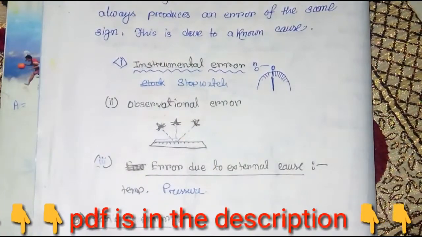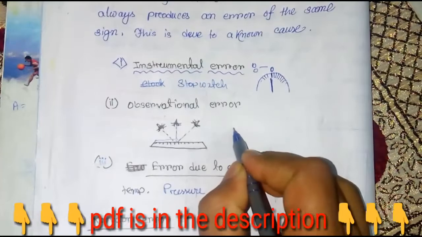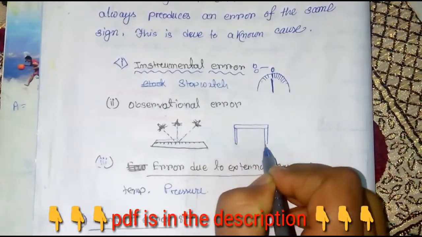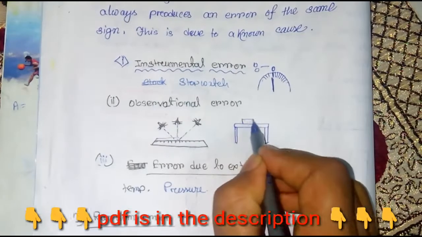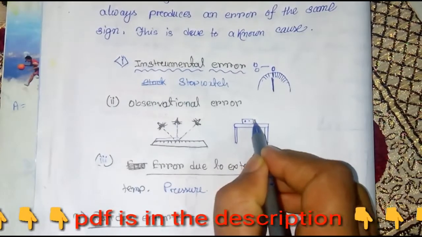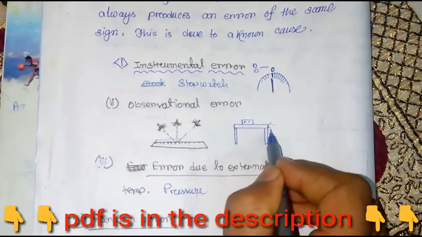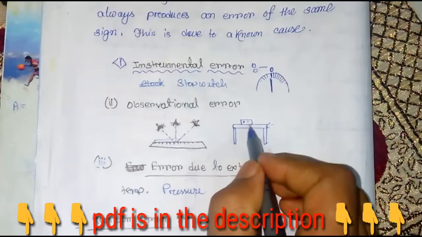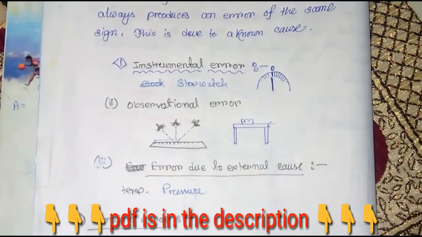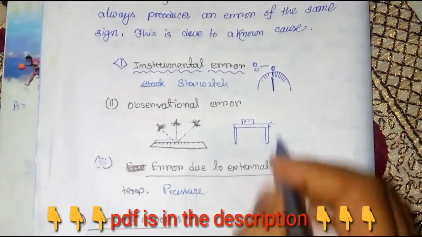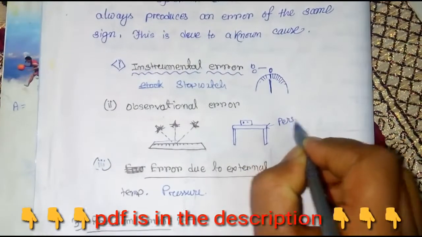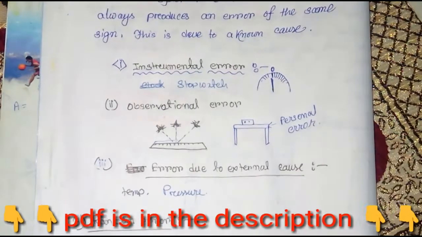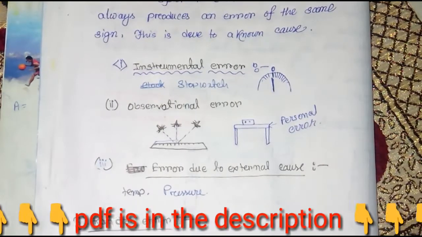Or sometimes suppose you are measuring something and the instrument is on the table, and your friend or someone hits the table, so the table shakes and some error can occur. That is also called observational error, or personal error. This error can be minimized by taking care.